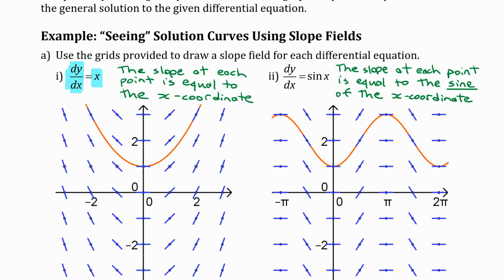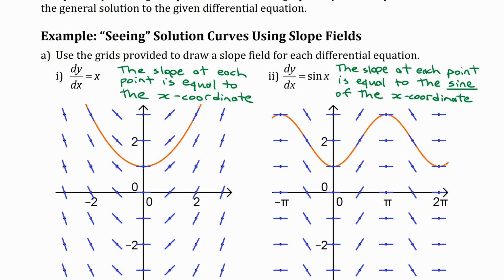The derivative is the x-coordinate, which means the slope at any point is equal to the x-coordinate. So for an array here, every integer value for x and every integer value for y, at each of those points on the grid we draw a tiny line segment that represents the slope.